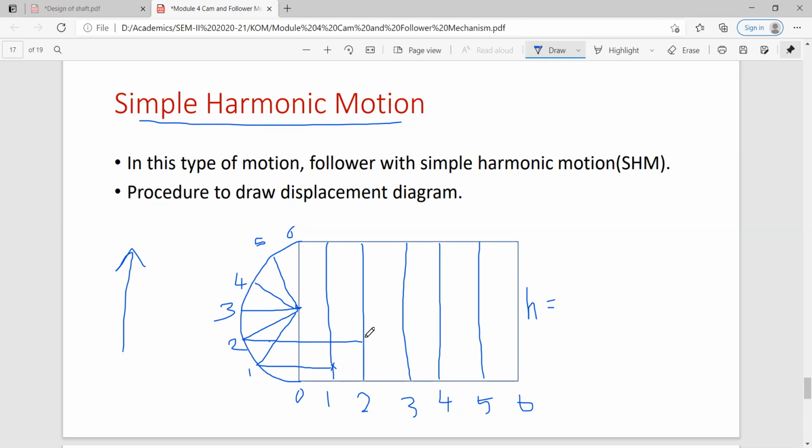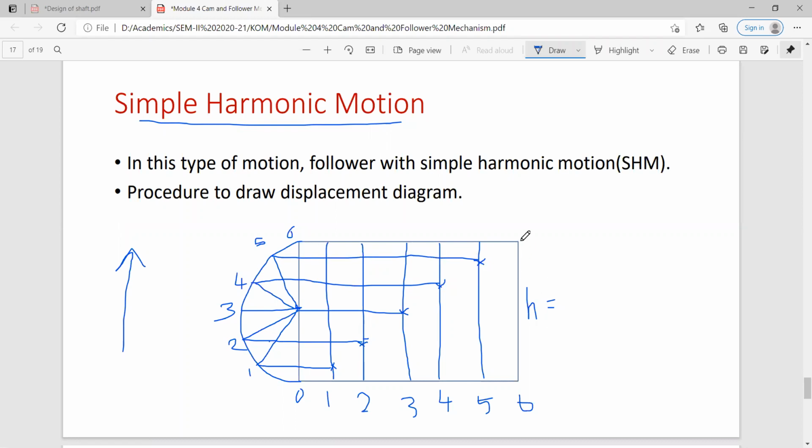Okay, so this will be your point of intersection. Then from point 3 on the semicircle, repeat the procedure up to vertical line 3. From point 4 to vertical line 4, you will get a point. From 5 to vertical line 5, you will get a point.